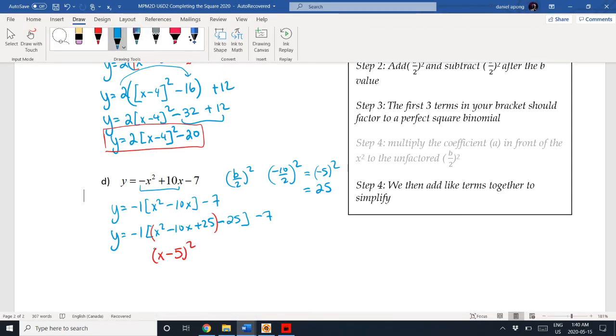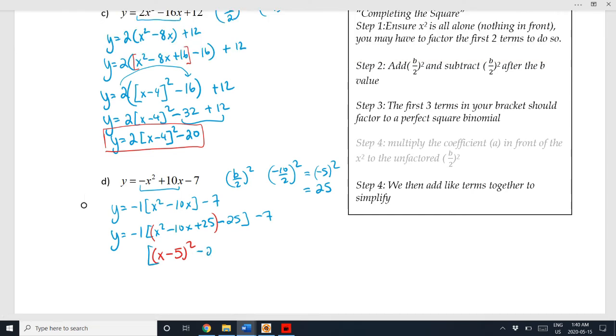We still have this blue bracket here with the negative 25 on the outside and the negative 7 outside of that. And so step 4 says multiply the coefficient a in front of the x squared to the unfactored half b squared.